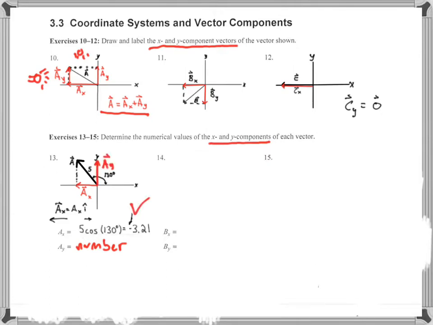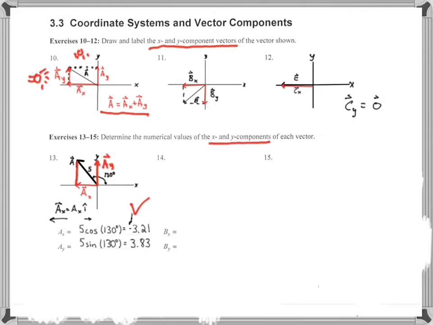For the Ay component, draw the Ay component vector. That vector ends up pointing upwards. So the magnitude of that vector is the same as the magnitude of this line that I'm drawing on the left hand side. And you can see that that is the side that is opposite to 130 degrees.